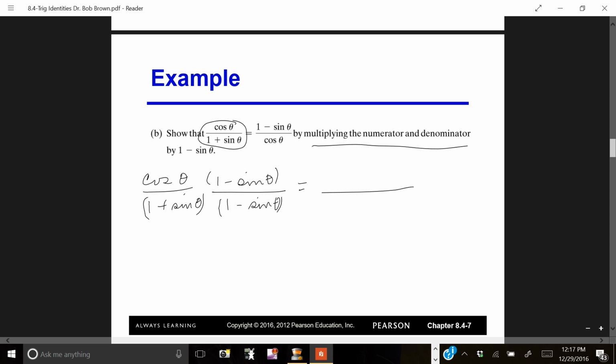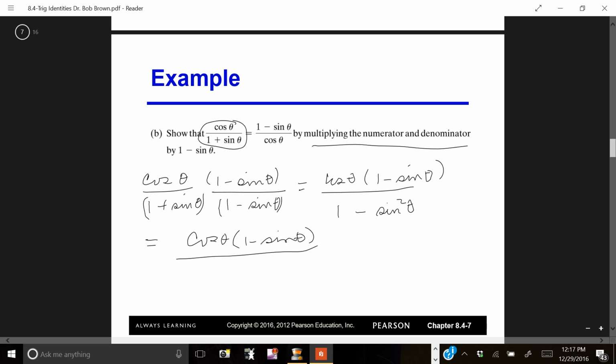Notice that 1 plus sine theta times 1 minus sine theta is 1 minus sine squared of theta. And now we have cosine of theta times 1 minus sine of theta. And notice that 1 minus sine squared is equal to cosine squared of theta.